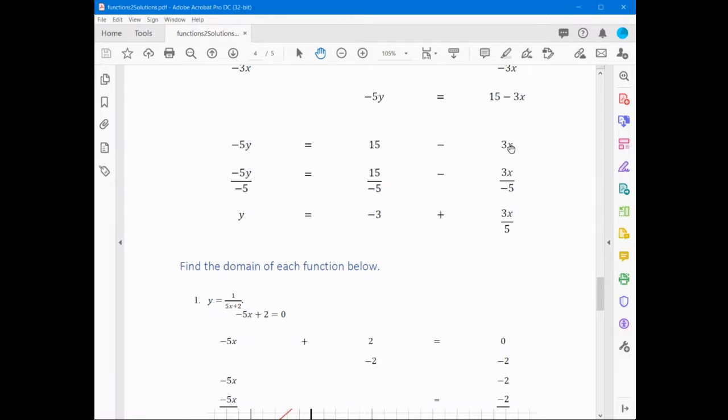Notice I'm dividing both terms by negative 5. It's an easy mistake to make where you just divide 15 by negative 5 or 3 by negative 5. You want to divide each term by negative 5. Doing so, you'll get y equals negative 3 plus 3x over 5. Now we have y in terms of x, so we have y as a function of x.